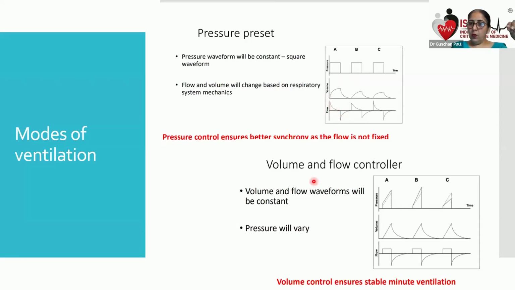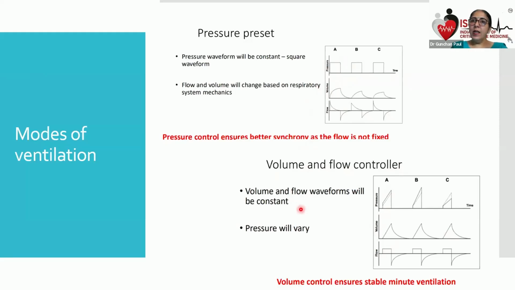But in a volume control mode, the flow will be fixed because we are giving gas at a particular flow, and the pressures will be rising. So in volume control mode, you need to monitor the pressures, and in pressure control modes, you need to monitor that adequate volume is going to the lungs or not. I'll describe them in further slides.